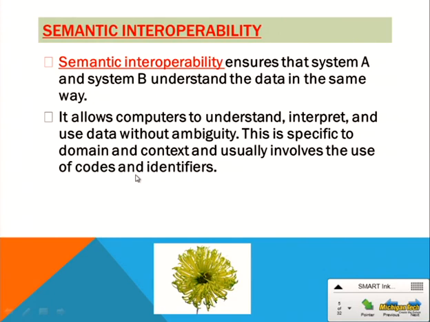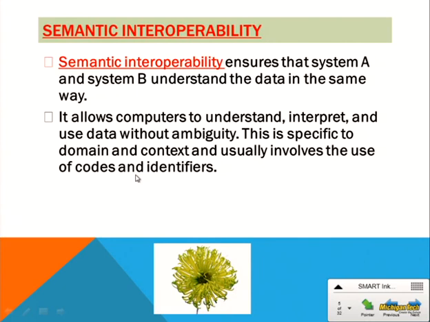For example, if we want to transfer one person's medical records from system A to system B, system B should understand the medical records. That means system B has software that can extract the patient's name, the patient's ID number, and the patient's disease records, and so on. So it has codes and identifiers inside to mark whether it is the patient's ID, the patient's name, or the patient's records. That means the two systems need to understand each other.